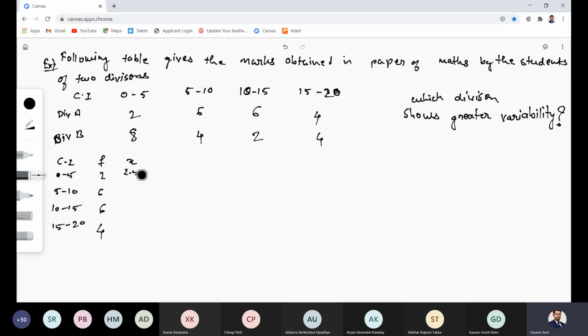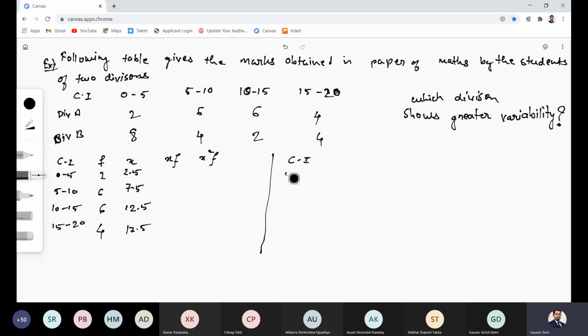So we'll have 2.5, 7.5, 12.5, 17.5, and then x square f. This is for division A.